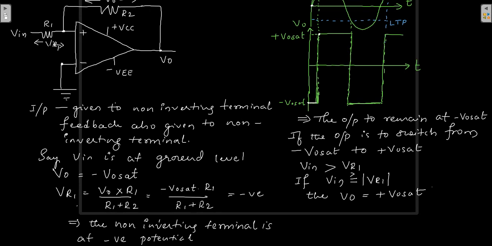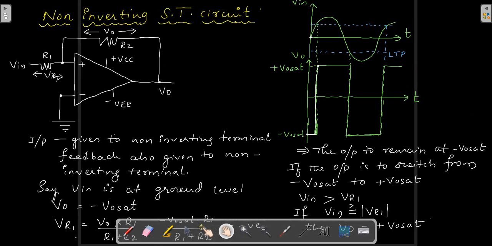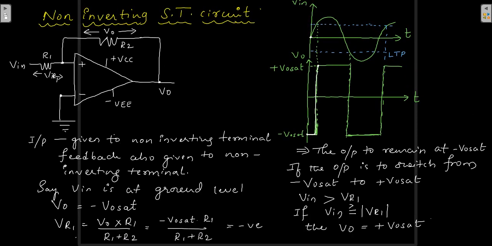So this action takes place. You can see here, once your input is above the UTP, which is nothing but your voltage here, that is VR1, the output is changed from minus V naught sat to plus V naught sat.